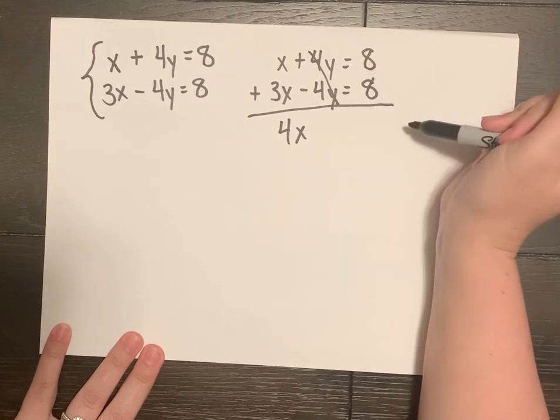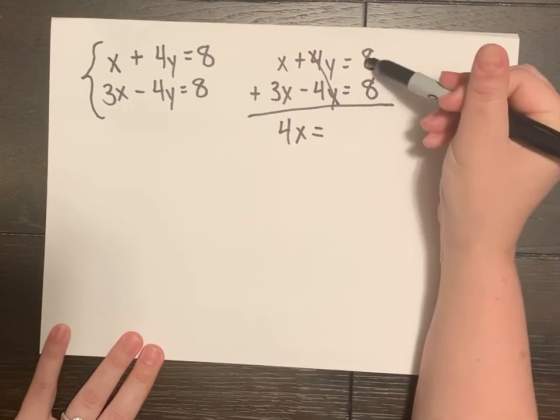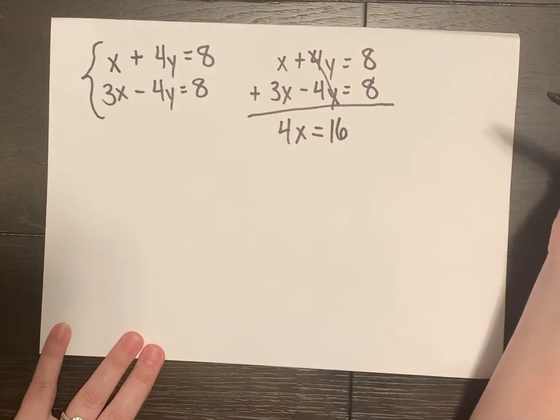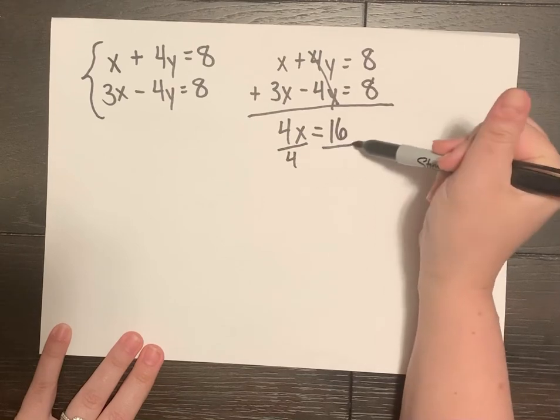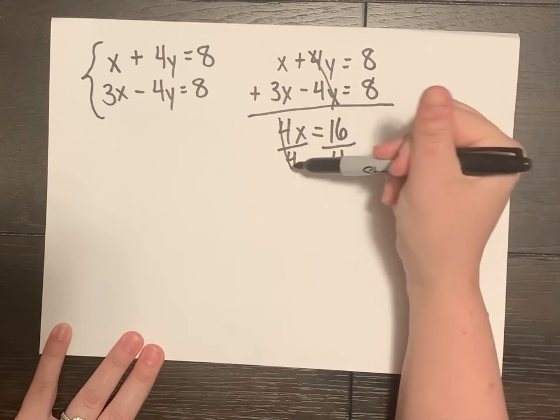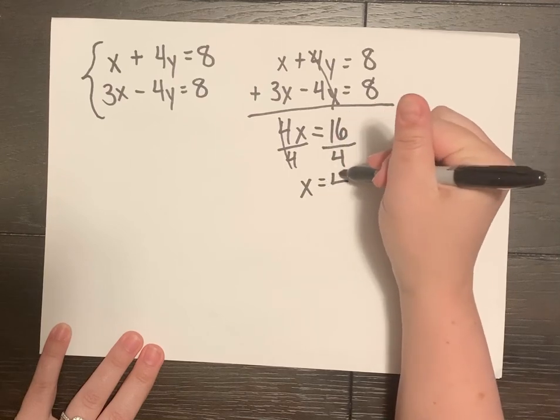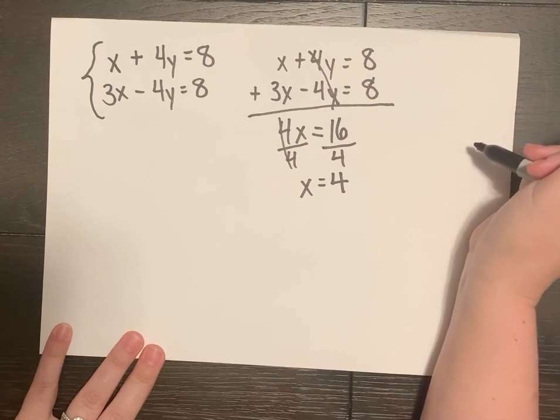This cancels out, it eliminates, 0 equals 8 plus 8 is 16. Now to figure out what is the value of x, I would divide 4 on both sides. That's 1. x equals 4.